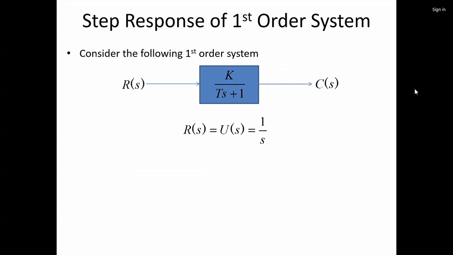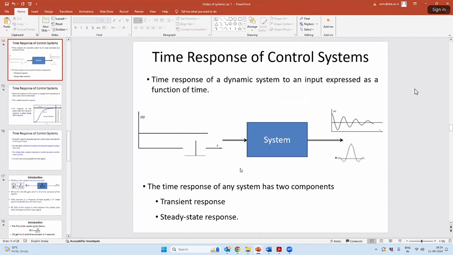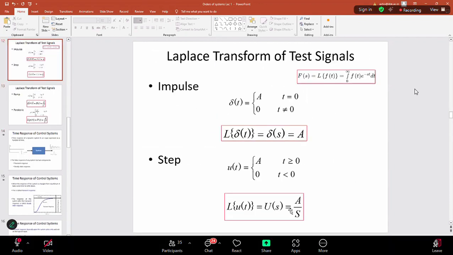Now, for a step response, we have seen that in the frequency domain, the step response is expressed as 1 over s, right? If I take you to this slide, this is what we had gotten, right? The Laplace transform of the step input.